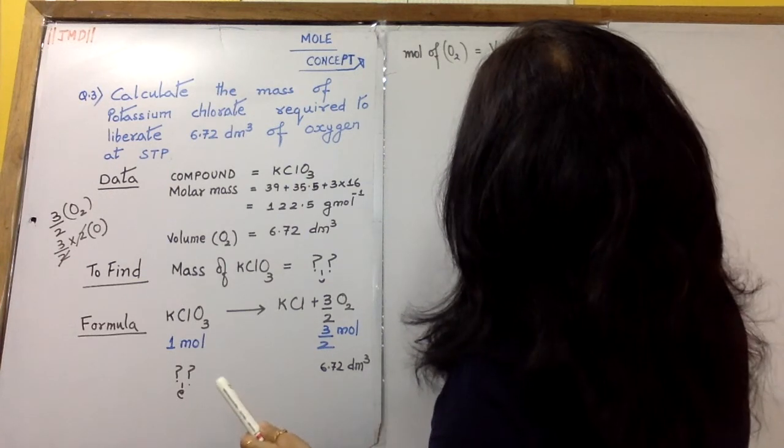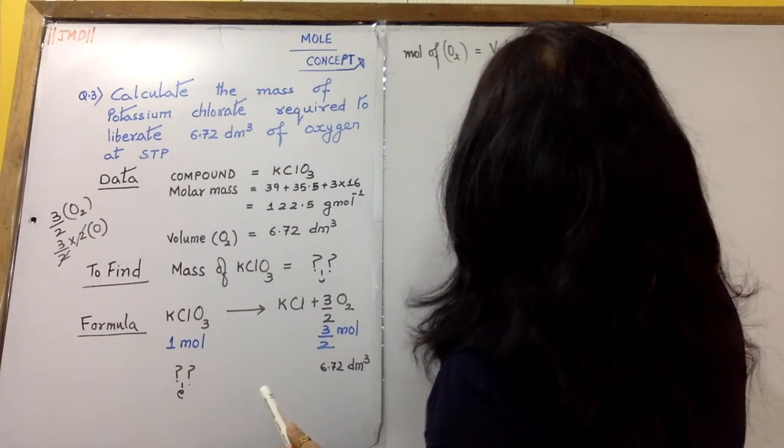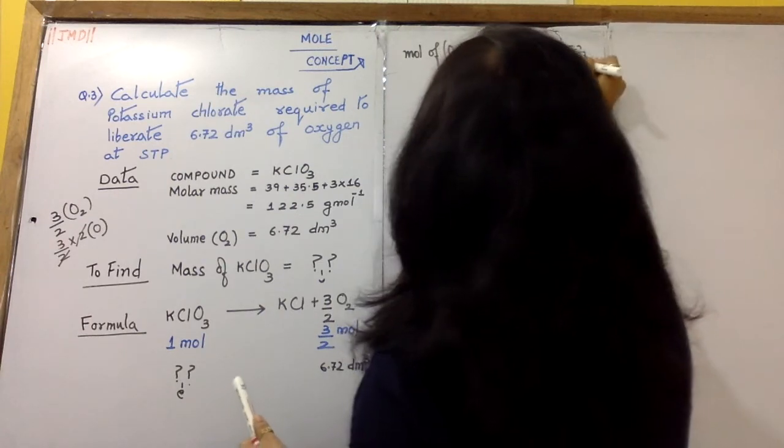Why? Because it is at STP, so 6.72 upon 22.4.